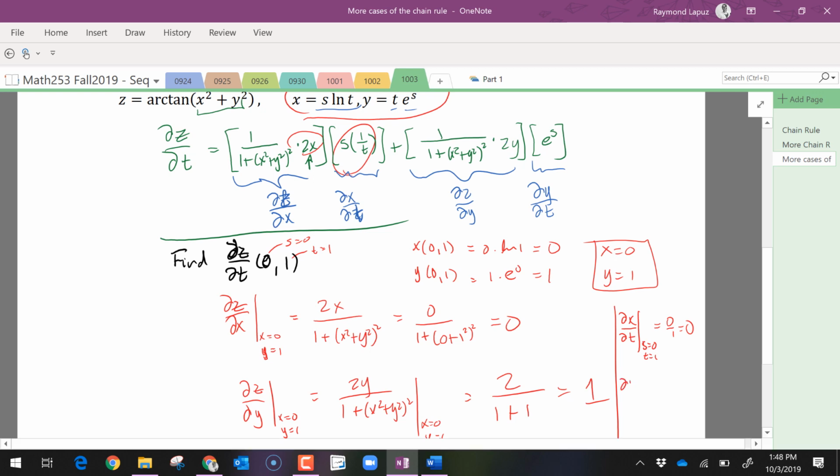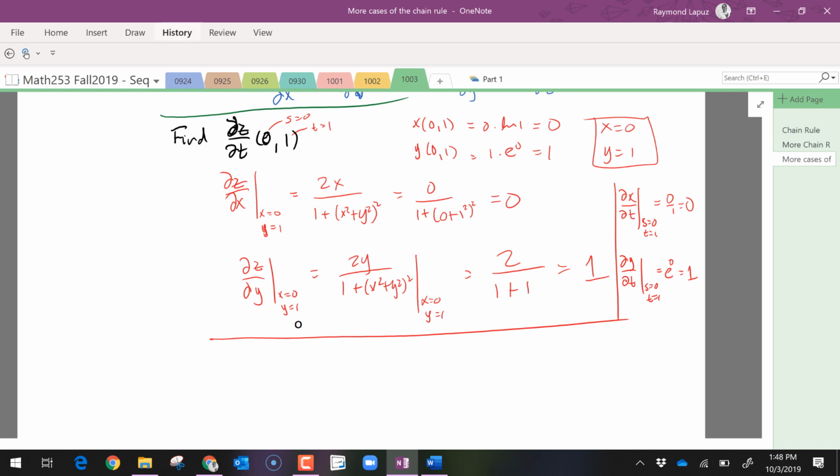And then the partial of y with respect to t, where s is equal to 0 and t is equal to 1, is e to the s, which is just 1.